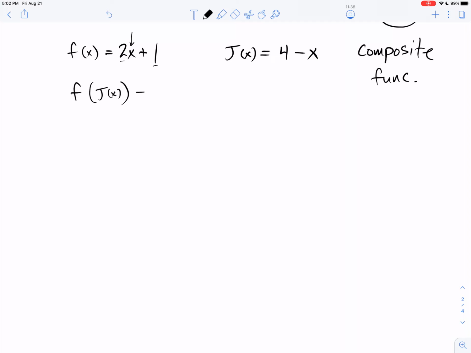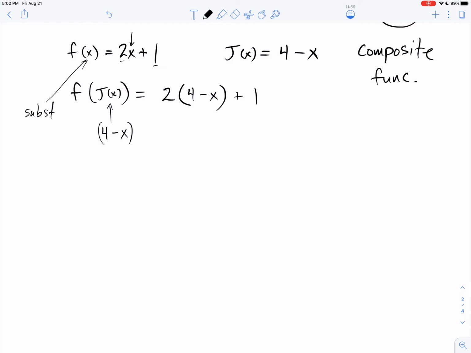So f of j of x would mean this guy right here. This guy is just code for this. I'm going to take this and I'm going to plug it in where the other guy has his variable. It doesn't sit next to the variable. It replaces it. It's called substitution. Oh, we've heard that.